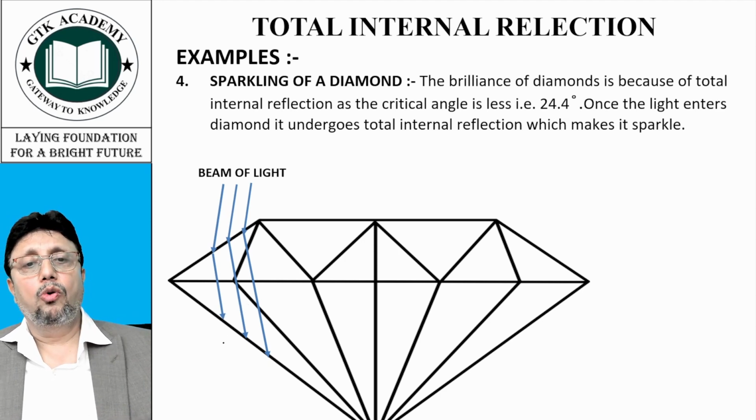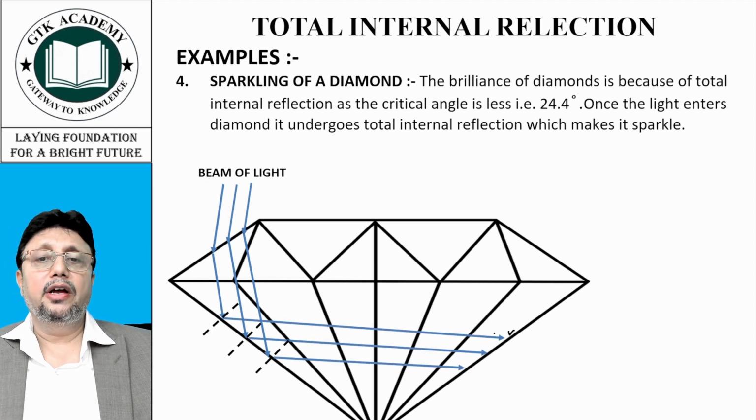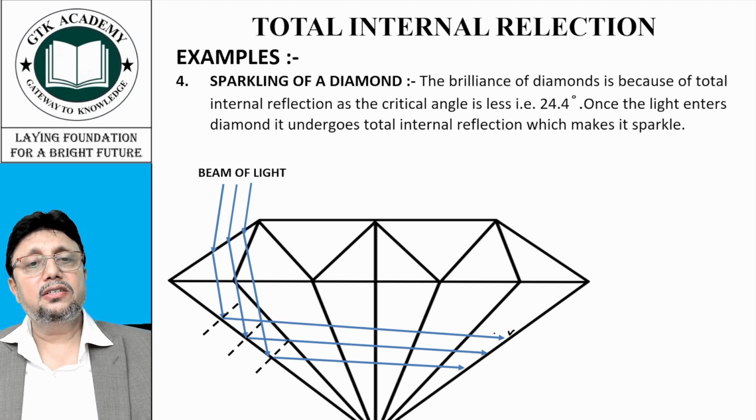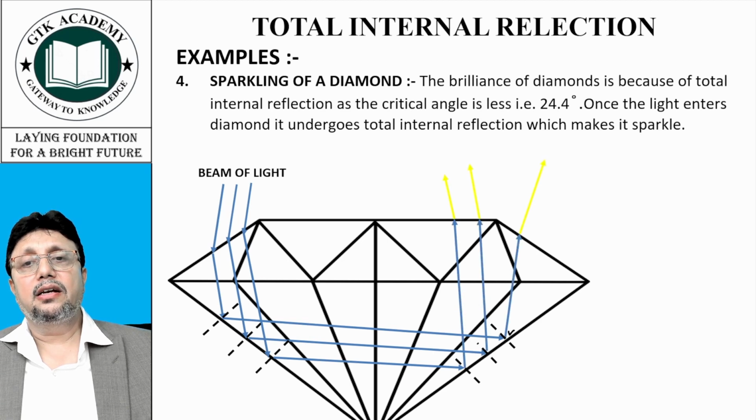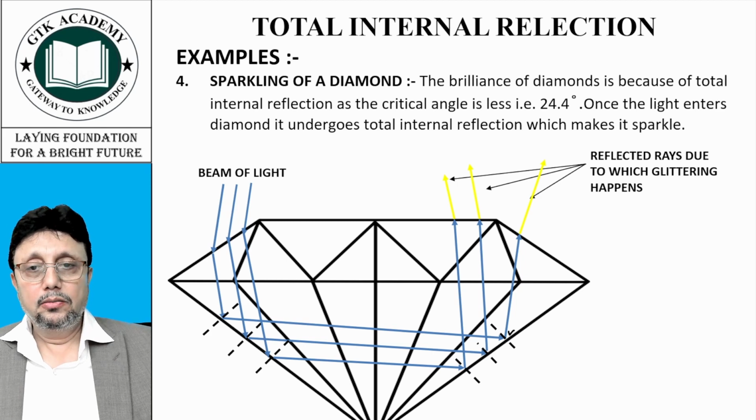Then this whole beam is going to be reflected, and at this surface also, if the angle of incidence is greater than the critical angle, again it is going to be reflected, and it comes out as glitter. This is the reason why a diamond glitters.